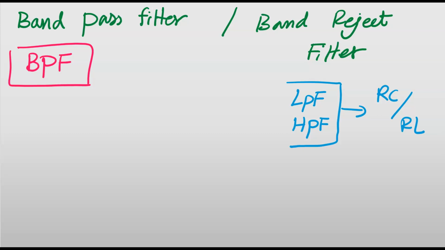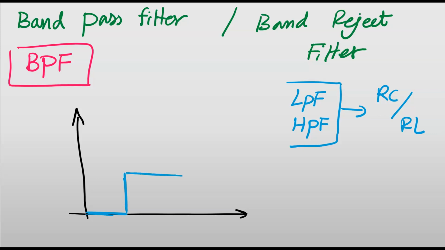But sometimes in some application we are only interested in a particular band of frequency. So what we are looking for is a filter with this characteristic. So we don't want to pass low frequency and we don't want to pass higher frequency.